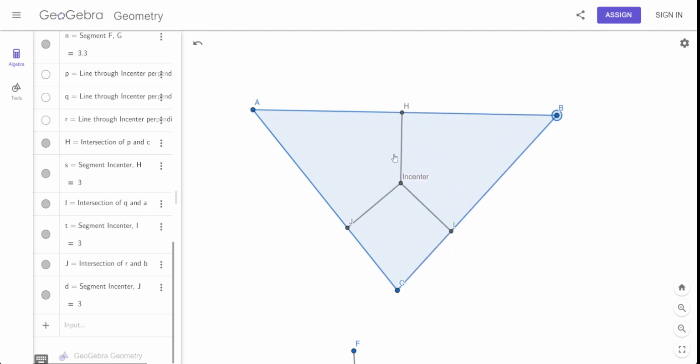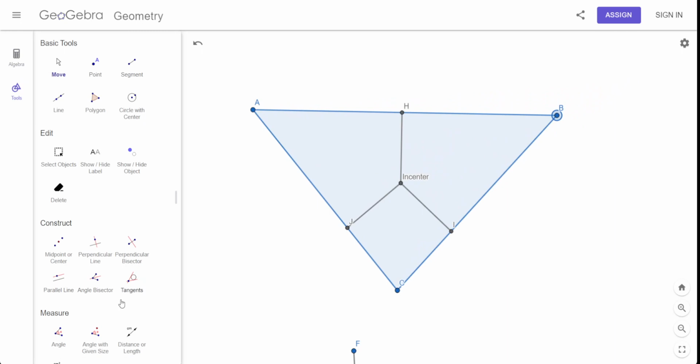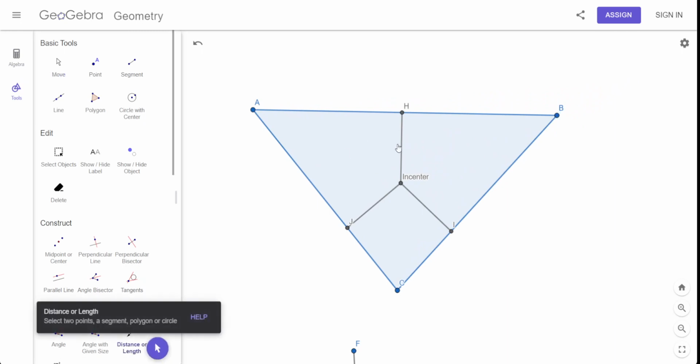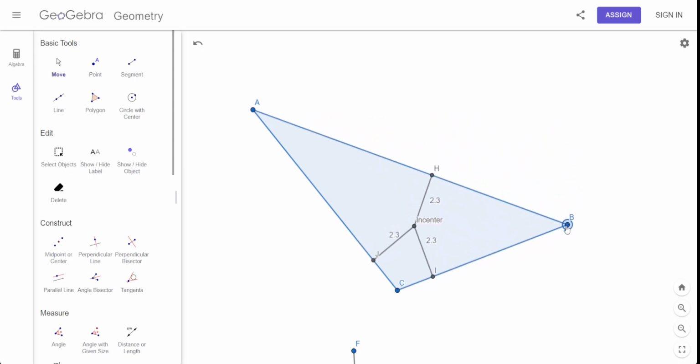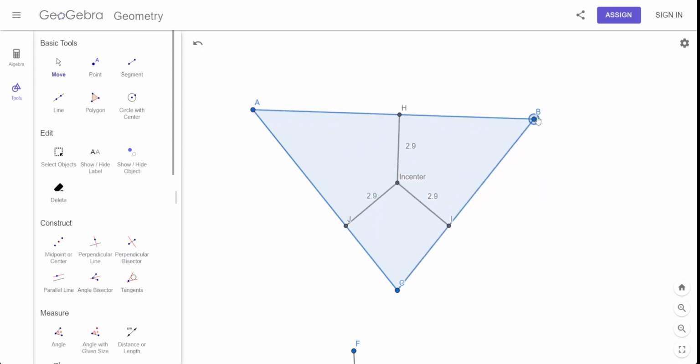So what do you think might be true about all three of those distances? They're equal. Let's see if they are. So let's go to distance or length. Let's click on this. That's 3. That's 3. And guess what? That's 3 right there. Everybody see that? So now, if I click on this, it makes it smaller, makes it bigger.